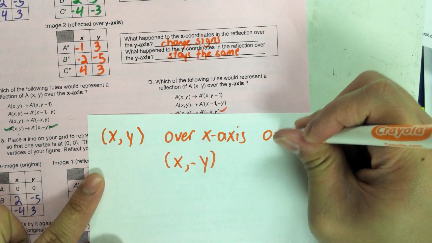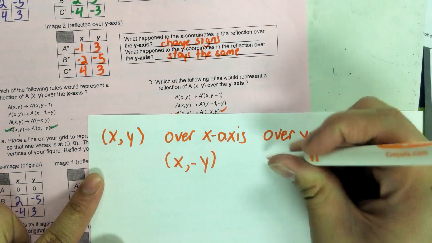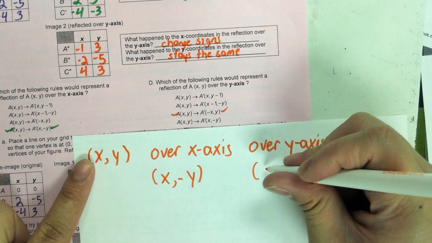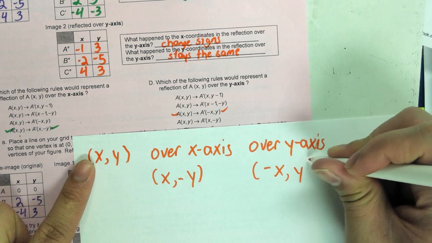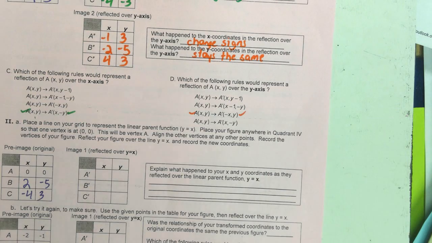If we reflect over the y-axis, what we have is negative x comma y. Alright, we'll keep going and discover 2 more rules.